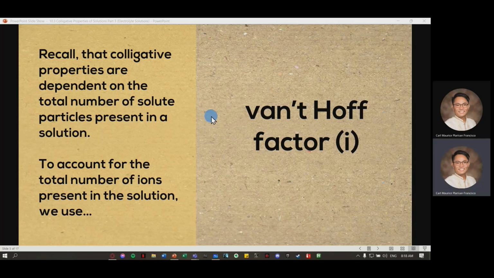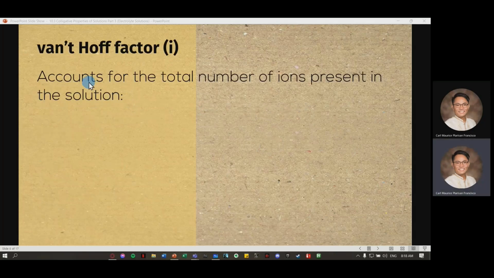So let's talk about Van't Hoff factor. Van't Hoff factor, represented by i, accounts for the total number of ions. So the very purpose of Van't Hoff factor is to count, or as the word suggests, account the number of ions present. So para mabilang natin kung gaano kadami yung ions na ma-form.